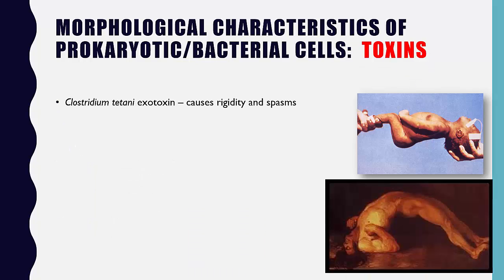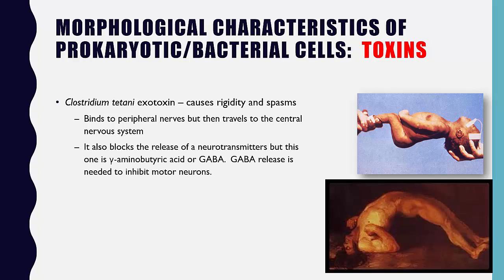Okay, a very similar exotoxin comes from its cousin, Clostridium tetani. Again, it's an exotoxin, also a neurotoxin, but it's going to do something a little bit different. This is going to cause rigidity and spasms. So what this does is it does bind to the peripheral nerve, but from there it will travel to the central nervous system. And if you're thinking, okay, this doesn't sound good, you're right.